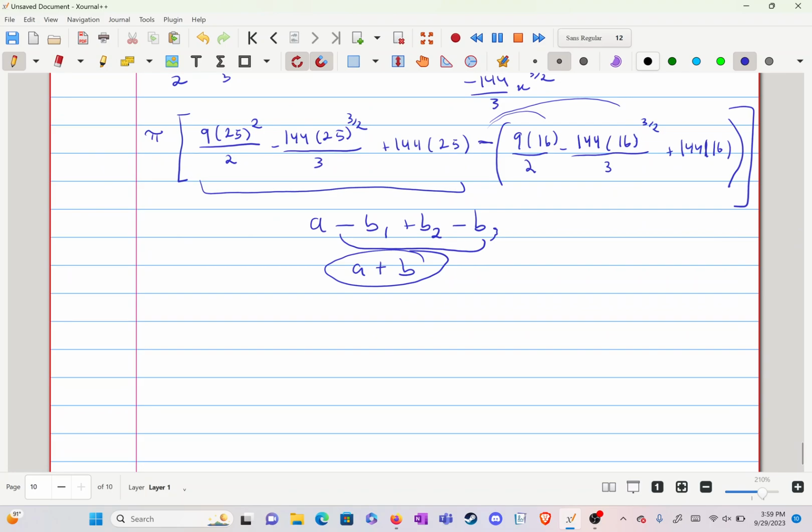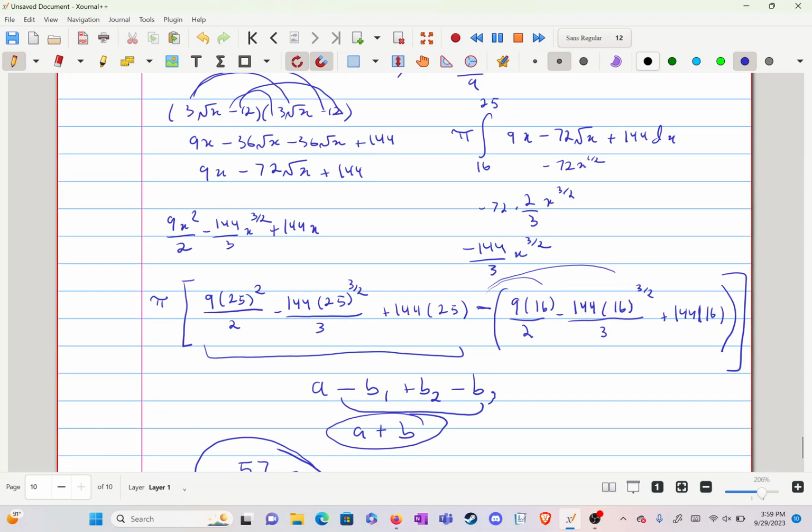And in this case, it is going to give us 57 over 2 pi. Now just remember to plug into your own calculators. The rest of it is just plugging in and adding constants to each other. And that is WeBWork 2.3.